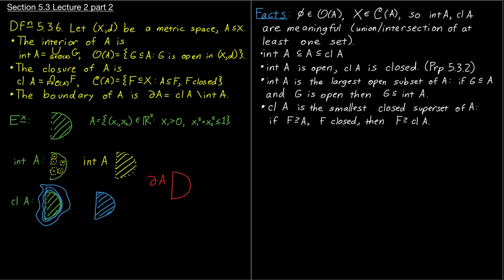In particular, if A is either open or closed, we can say that A is equal to either the interior or the closure. And that is, in fact, a proposition in your book. It's not a terribly difficult proposition.